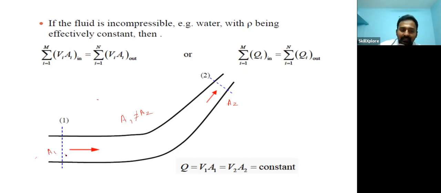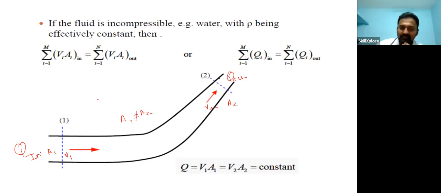The thing is, here the area A1 is not equal to area A2. So in this area, V1 is the velocity of fluid. Here V2 is the velocity of fluid. But Q at the entry, Q at the input, is equal to the Q at the output. To compensate, the velocity is proportionally increased.